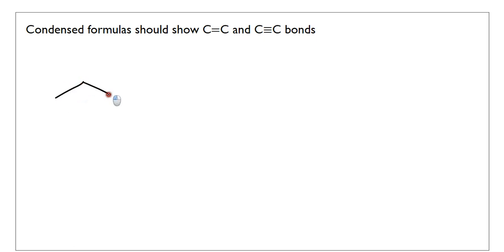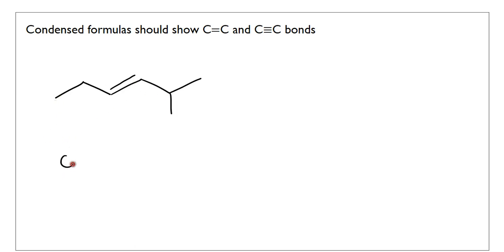So I'm just going to go through one or two examples of condensed formulas. The one thing I want to point out is that there is more than one possible correct answer when you draw this, and as long as I read it and it makes sense, you would get the mark. So let's say this is a skeleton of this molecule. I probably should do the structural formula to be fair.